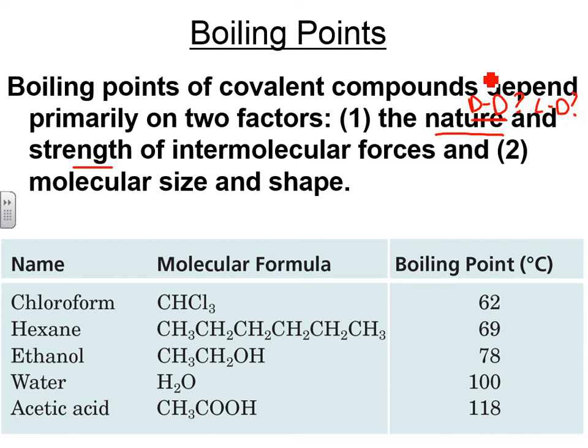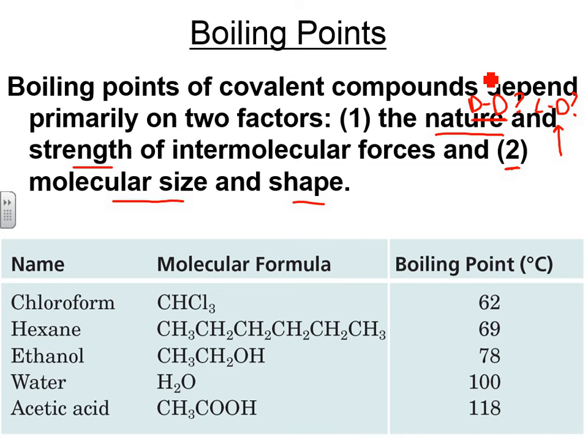And then the strength, because dipole-dipole varies in strength. One molecule can have a stronger dipole-dipole force, another can have a weaker one, and same thing with London dispersion. The second factor is the molecular size and shape. Molecular size will have a very big effect on how strong the dispersion forces are, and we'll talk about shape as well and how that affects it.